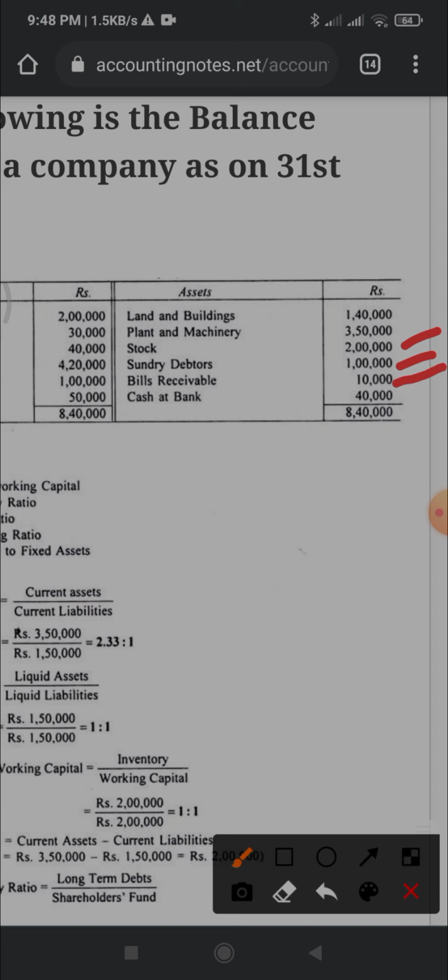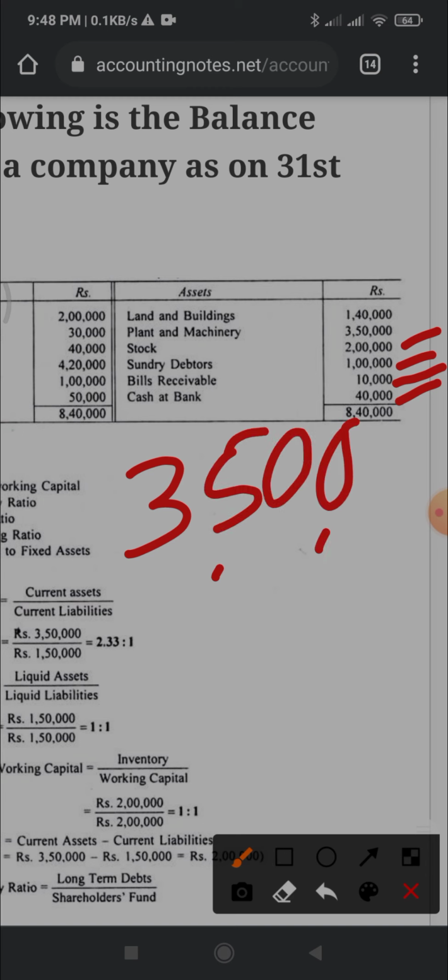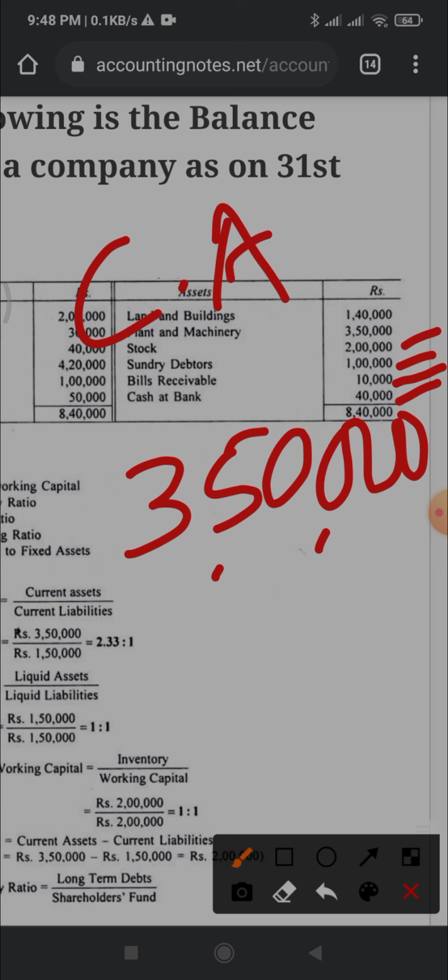Bills receivable is called a current asset, and bank is called a current asset. The total of these is taken as current assets, that is 2 lakh plus 1 lakh, 3 lakh, plus 10,000, 3 lakh 10,000, plus 40,000, 3 lakh 50,000. So current assets are 3 lakh 50,000.